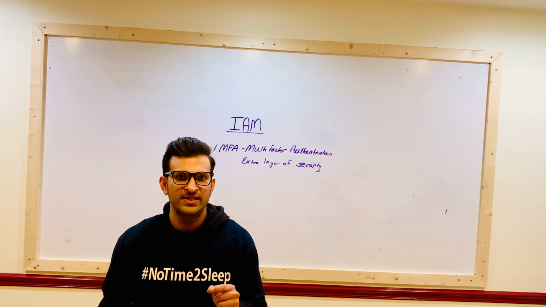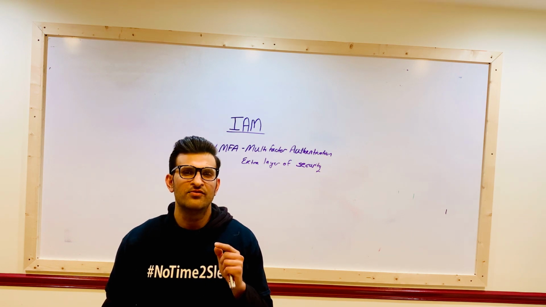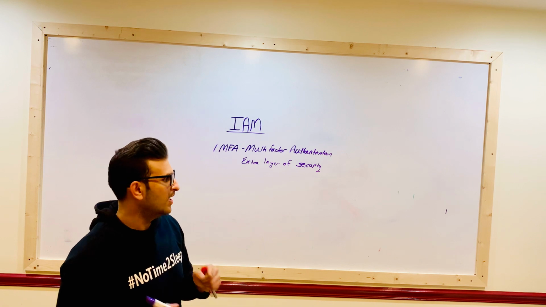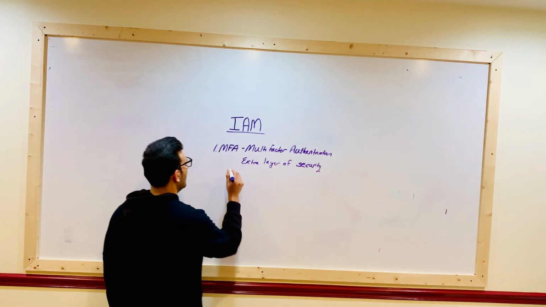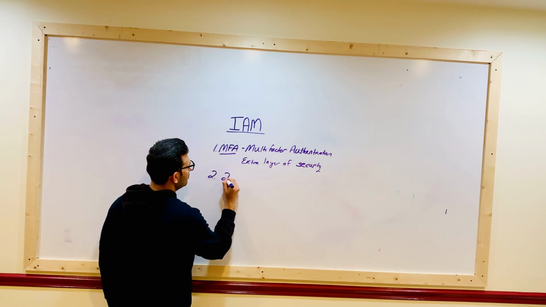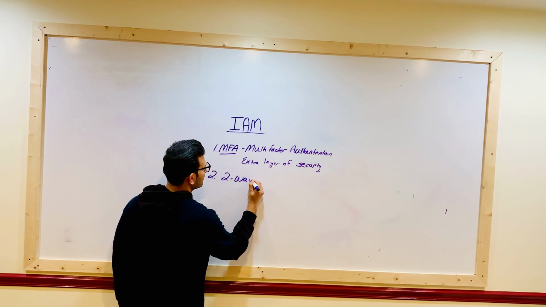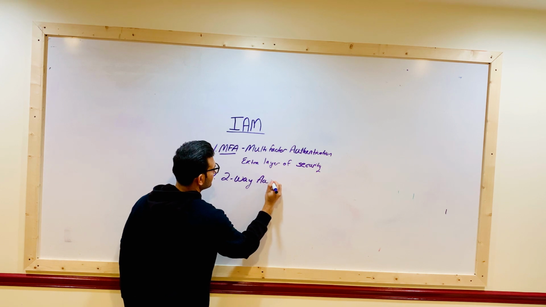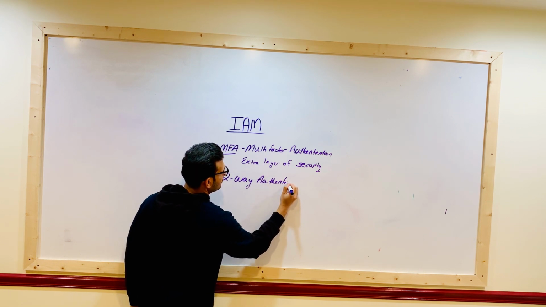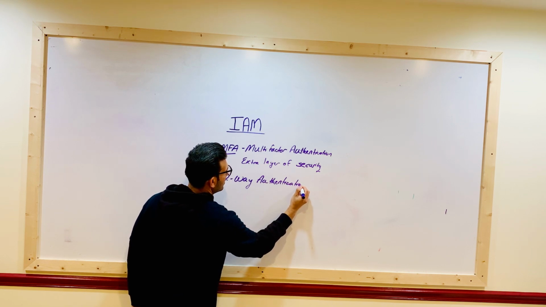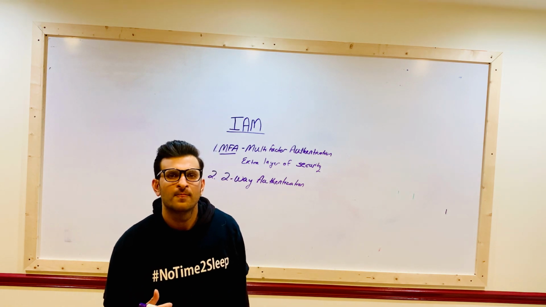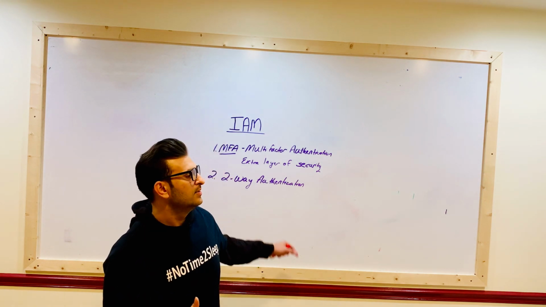So there's multi and there's two-way, and they're very similar, except there's one difference. So I want you guys to remember, MFA is one thing, two-way authentication is another thing. And what I just described with checking your email is two-way, right?